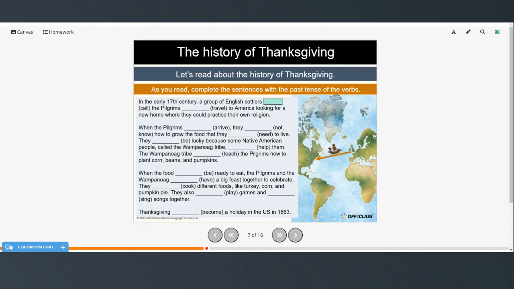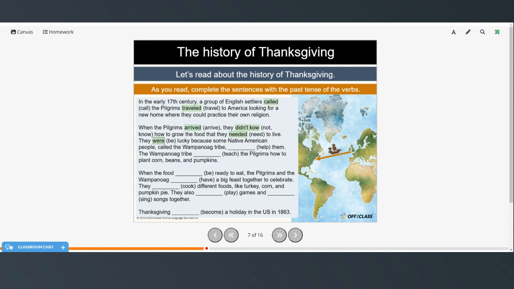In the 17th century, a group of English settlers called the Pilgrims traveled to America looking for a new home where they could practice their own religion. When the Pilgrims arrived, they didn't know how to grow food that they needed to live.